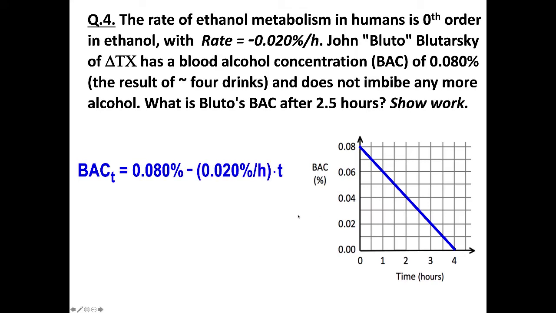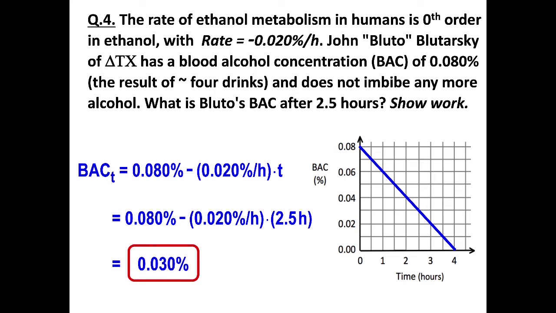We can also use the calculation. If it's zeroth order, the blood alcohol content at time t is the initial blood alcohol content, 0.080%, minus 0.020% per hour times t, and we plug in the time of 2.5 hours, and then we do the math, and we get 0.030%.